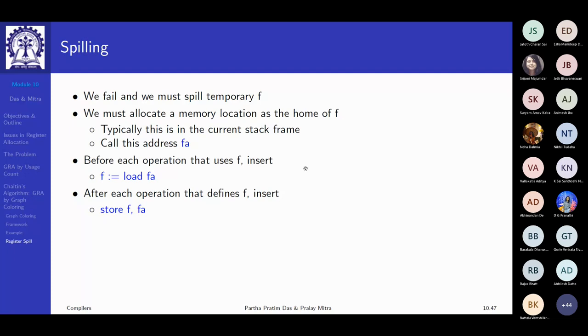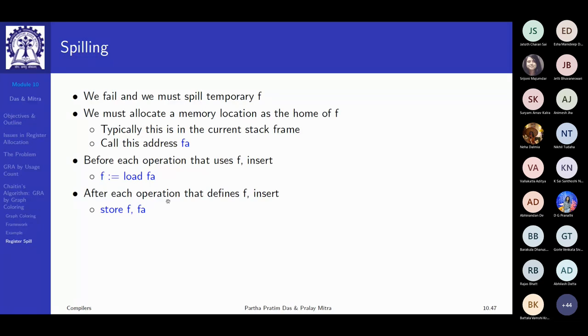Before every operation that will use F, I will not get the value of F in any register because I've spilled it. I'm not able to find a register for it. So I'll have to load that value from FA. So F gets load FA.